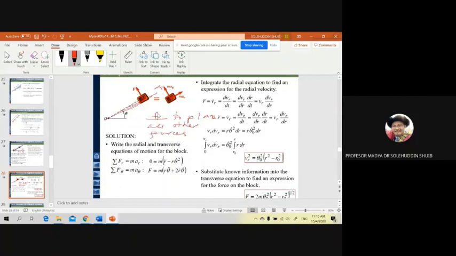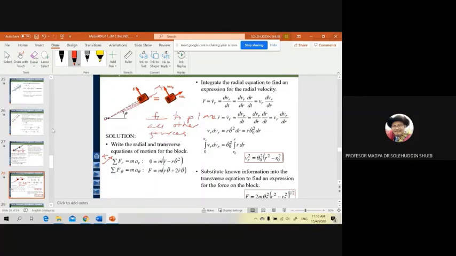Okay. So for this one, we write the summation of force in the R direction. Going along here is positive.